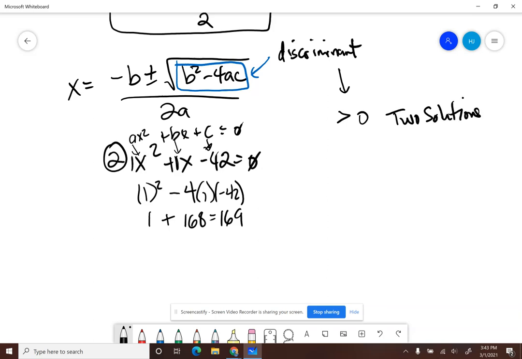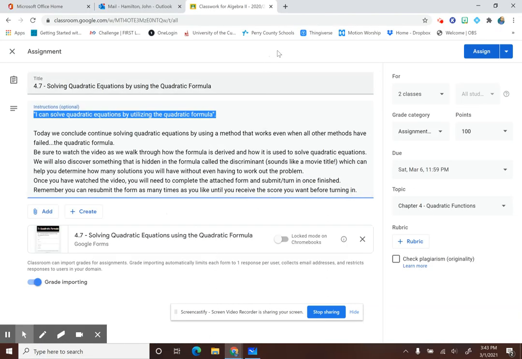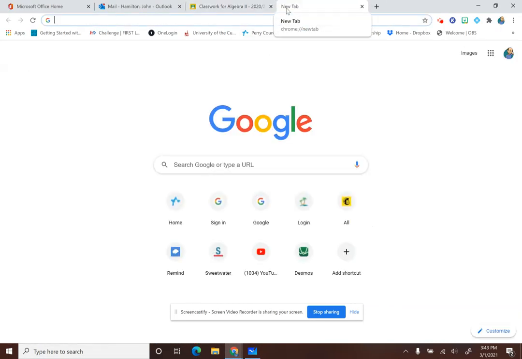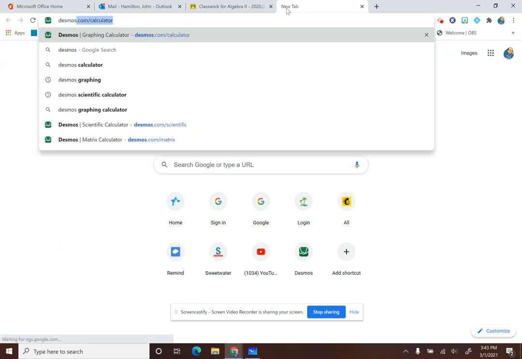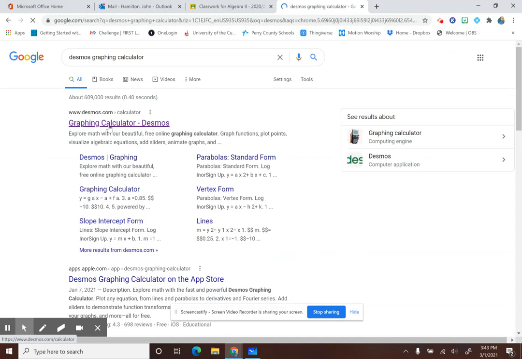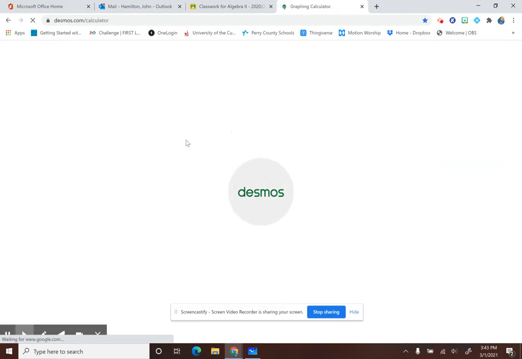I'll tell you what, I'm going to go ahead and bring up Desmos really quick here, and let's see if we can prove that out to make sure that makes sense. Desmos graphing calculator. We'll bring that up.